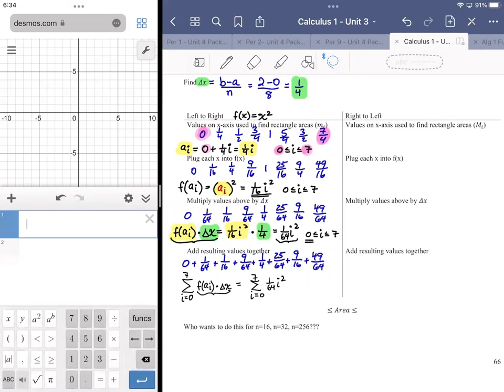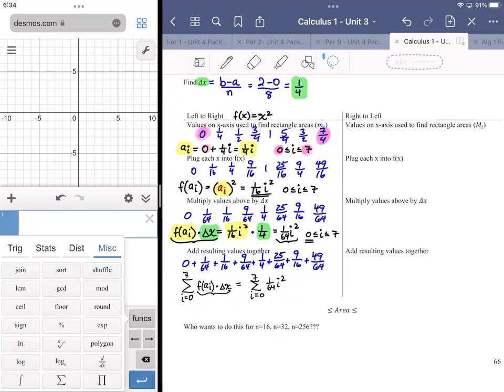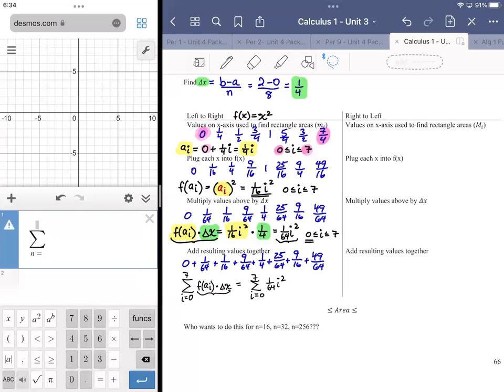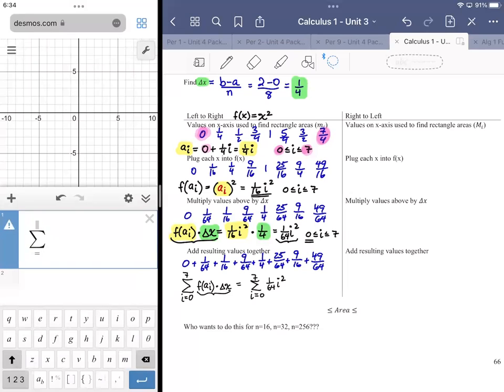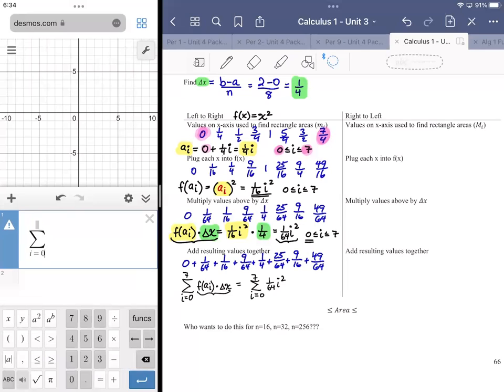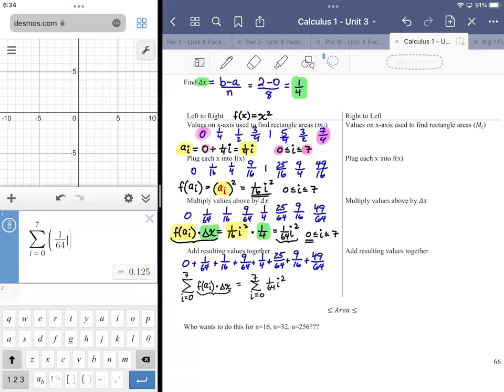Or I could use the summation feature in Desmos. If you go under miscellaneous, we use I. I equals 0, going to 7. So 1/64 times I squared.